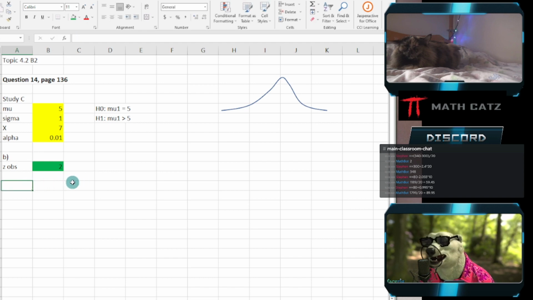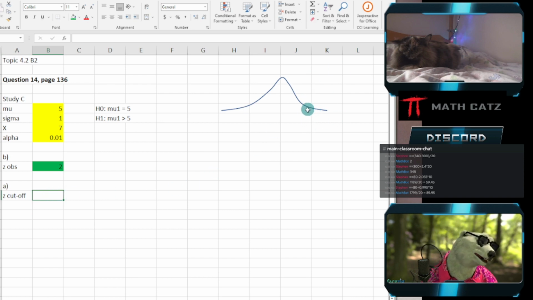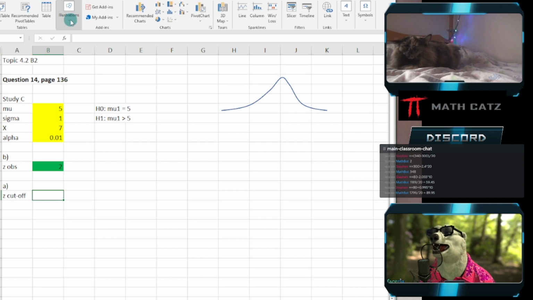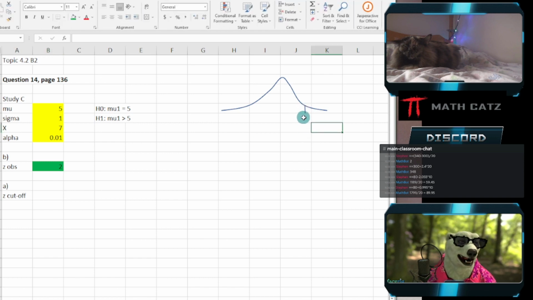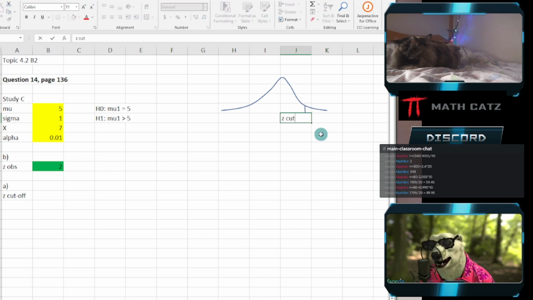It's right there. Now we want to find, well, if alpha is 1%, what is our cutoff of z-score? So we're on the high side here, so we're looking for a line. Let's put in a little line there. Why not? My drawings are so wonderful. Why stop now, right? So that'll be my Z cutoff.